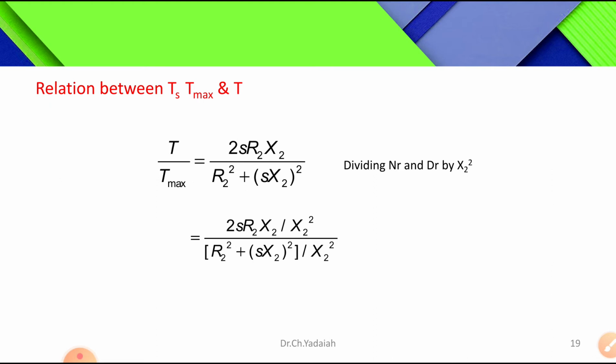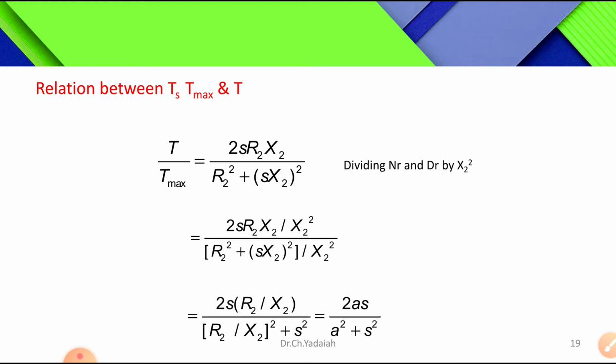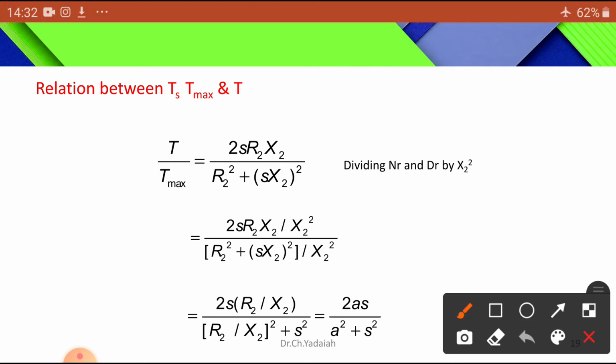Numerator and denominator, divided, and finally we get T by T max equal to this value. It is useful in calculating problems, so please remember these things. This is the derivation: the relation between full load torque and maximum torque is 2as by A square plus S square, where A is equal to R2 by X2.